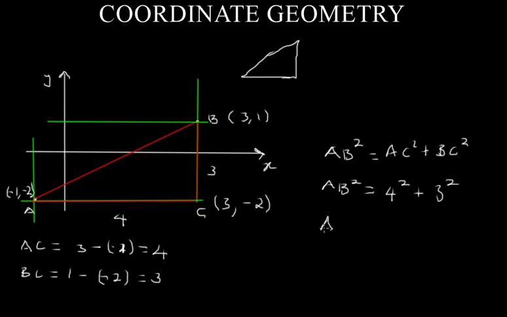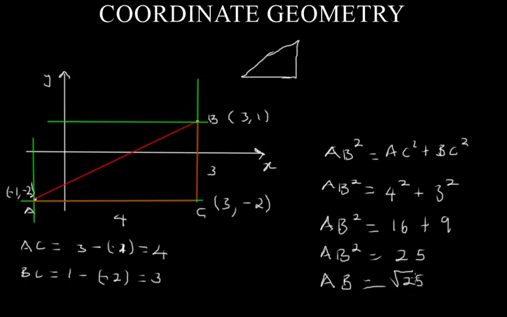So AB squared equals 4 squared is 16 plus 3 squared is 9. AB squared equals 16 plus 9 gives us 25. And therefore AB equals the square root of 25, which is 5.